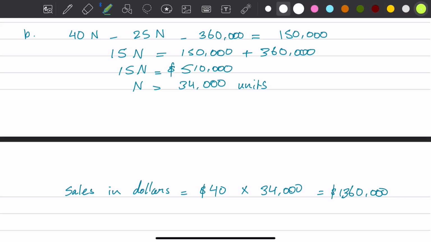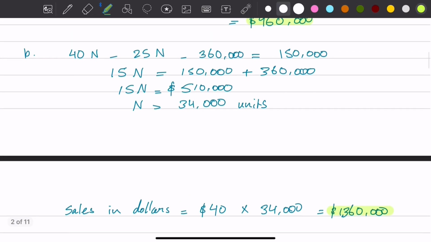And this represents the amount of sales that the company needs to achieve in order to reach its target of securing a profit of $150,000. And the number of units that they need to sell in order to achieve that target is 34,000 units.